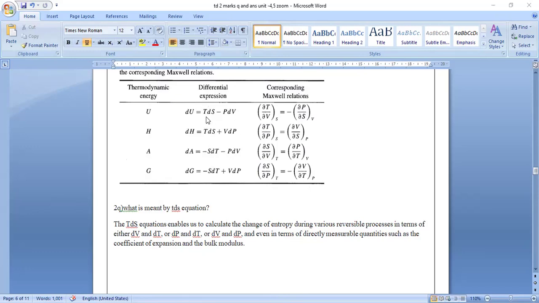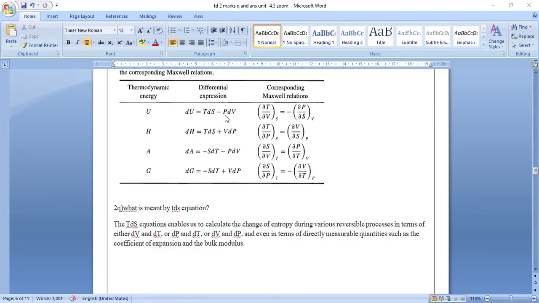Here also, if you have the internal energy du equal to T ds minus p dv, these are the corresponding Maxwell relations, or natural derivations. Here the direct value was given. From this equation, the partial derivative of temperature with respect to volume is taken with s constant, which is equal to minus the partial derivative of p with respect to s, with v kept constant.